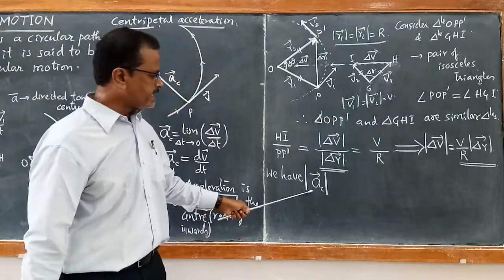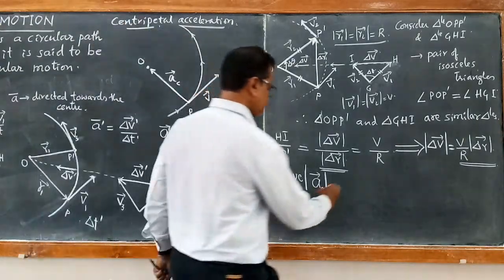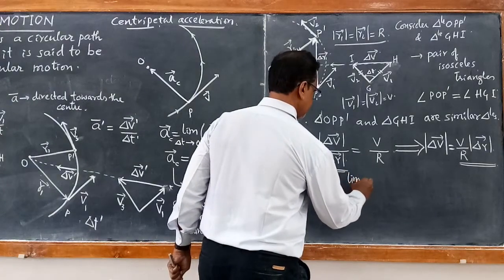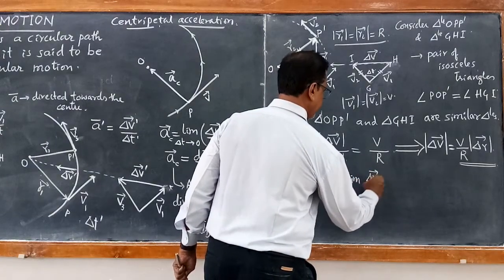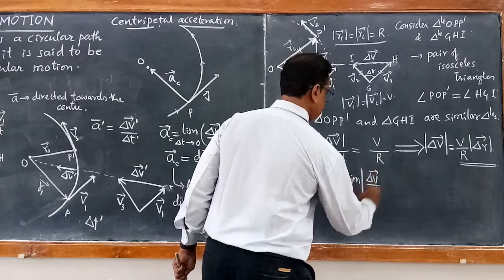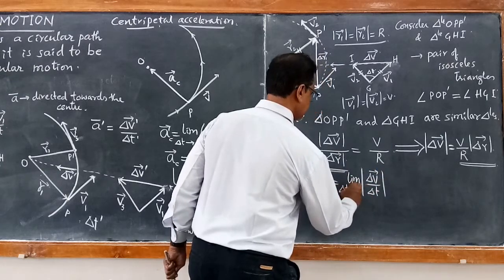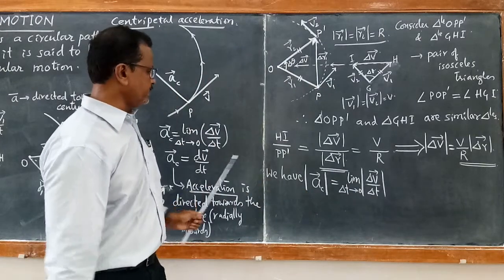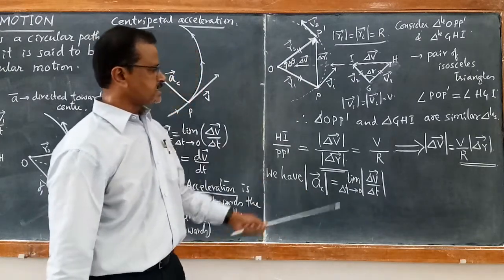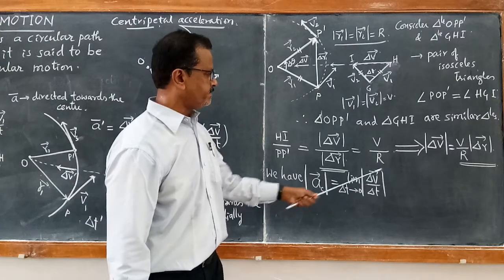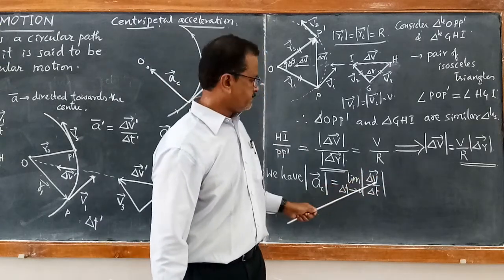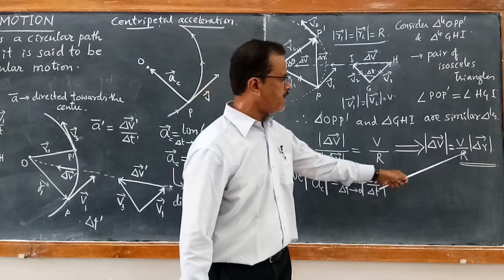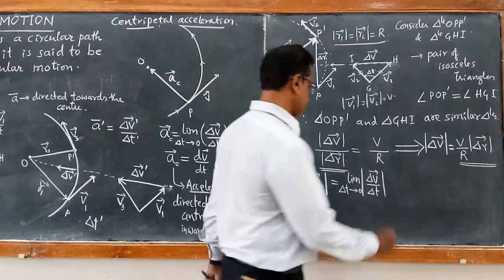Therefore, the magnitude of AC is equal to the limit of magnitude of delta V by delta T as delta T tends to 0. Just substitute the magnitude of delta V here. The magnitude of delta V is equal to V by R into delta R. That's it.